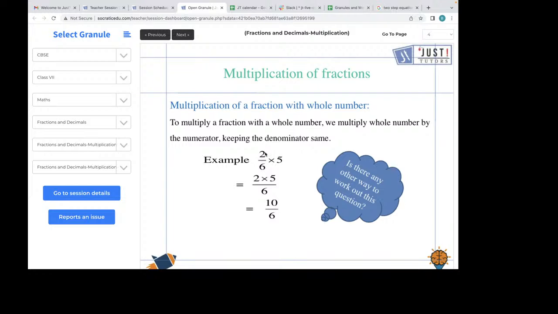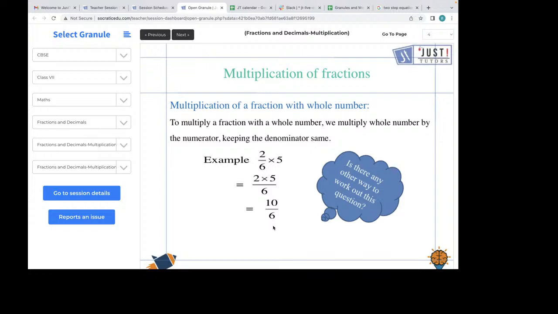So 2 is the numerator. So we have to multiply this 5 by this 2. So 2 times 5 is 10 and 6 remains the same, as said in this statement. The denominator remains the same. Okay. So 2/6 multiply 5 is 10/6.